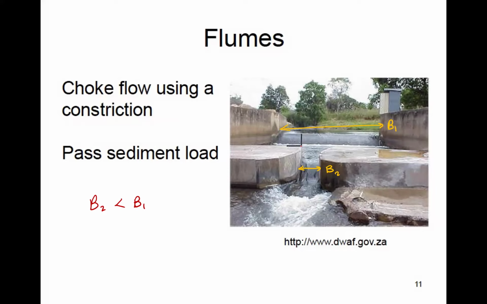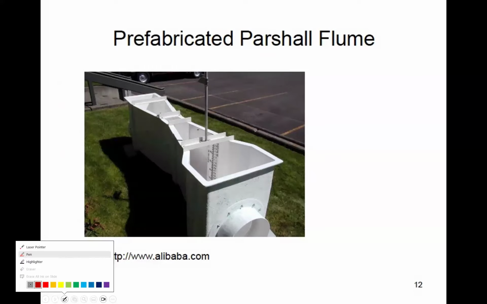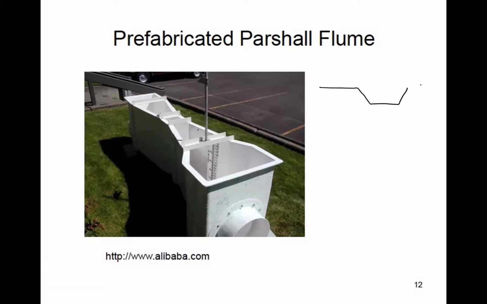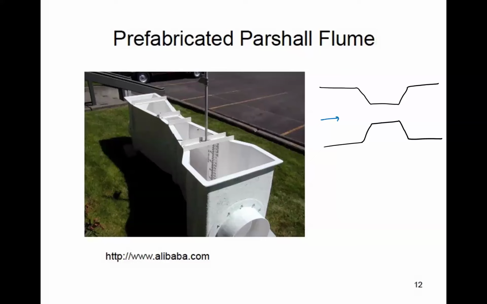So very, very common. There is a kind of customized version of flumes, which is called a partial flume. And it looks like this. In plan, it is basically a lateral constriction in the flow. So nothing new. Flow goes from left to right, and we have a constriction, a reduction in width.